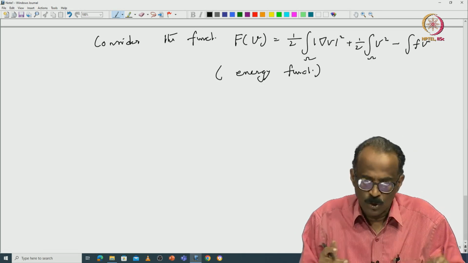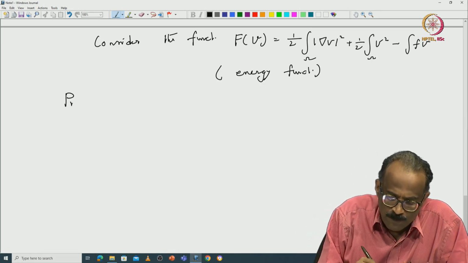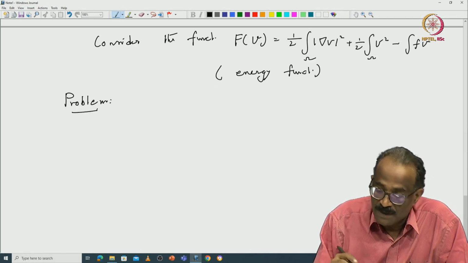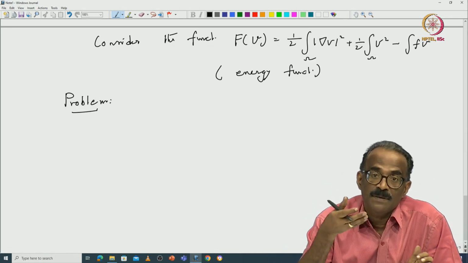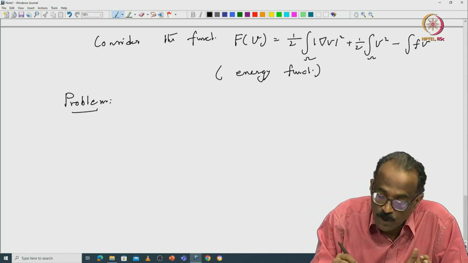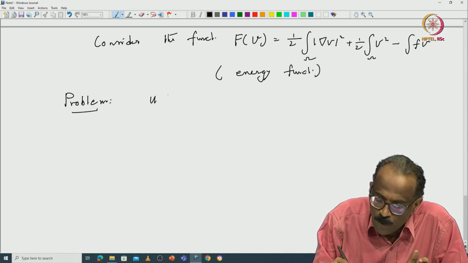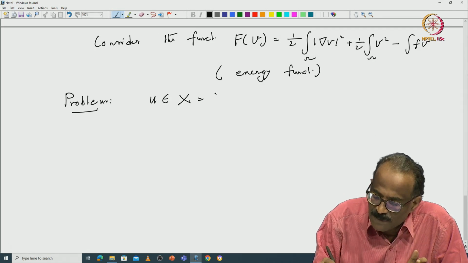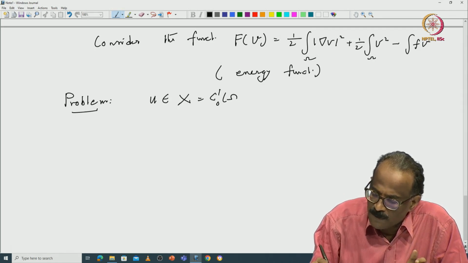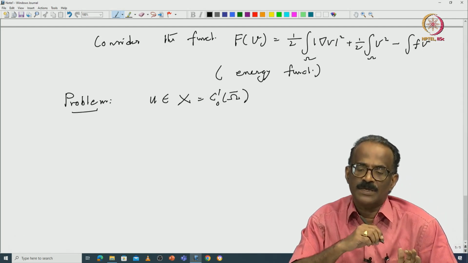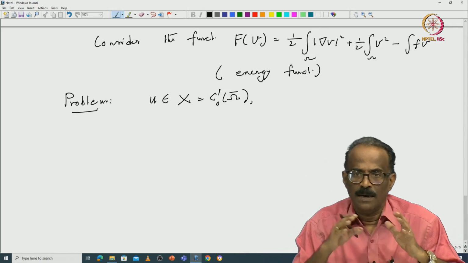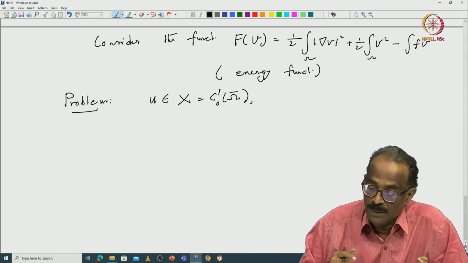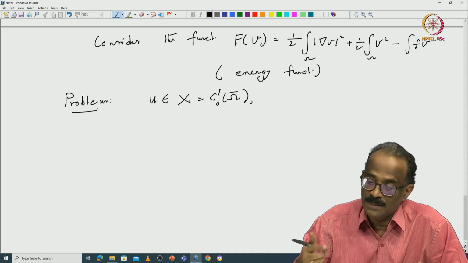So what is the problem which you have taken for motivation? The problem is that you want to minimize the energy over all possible admissible functions. So you want to find u in X, where X is C1 naught of omega bar. Now, because we have the Sobolev spaces, we can do everything here.